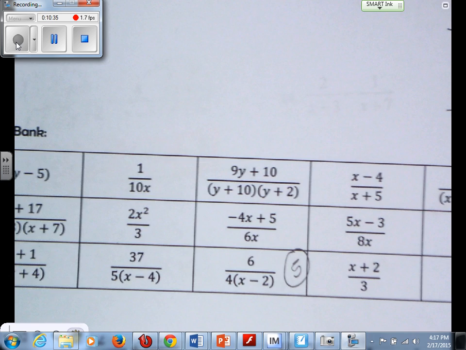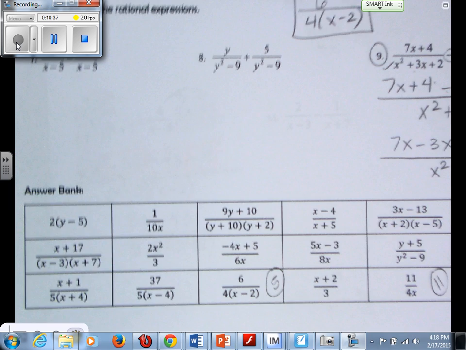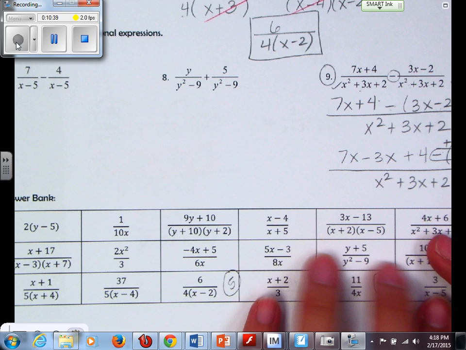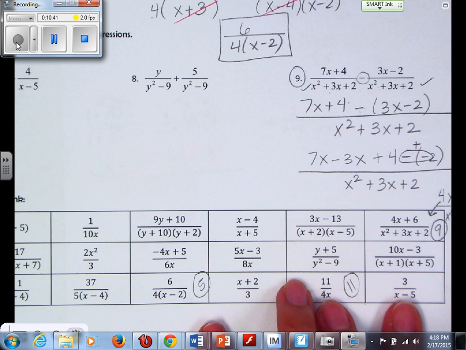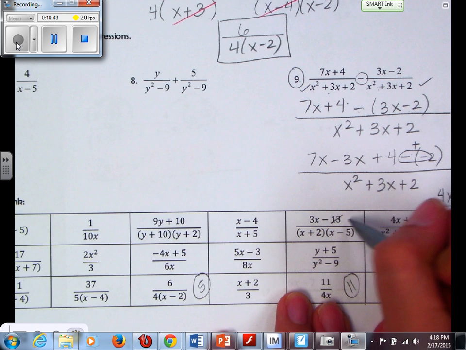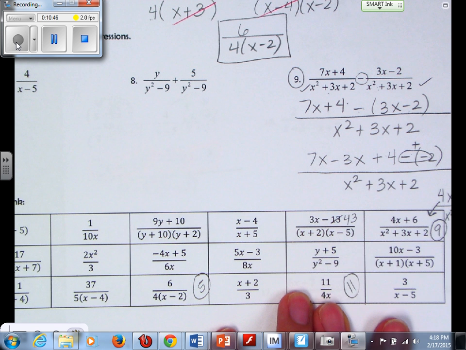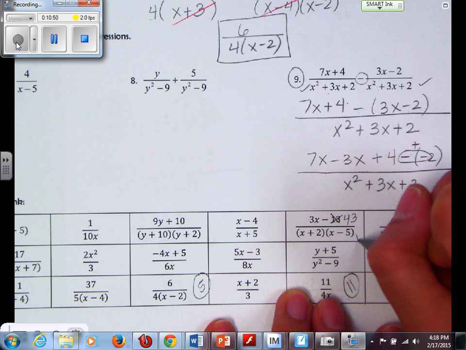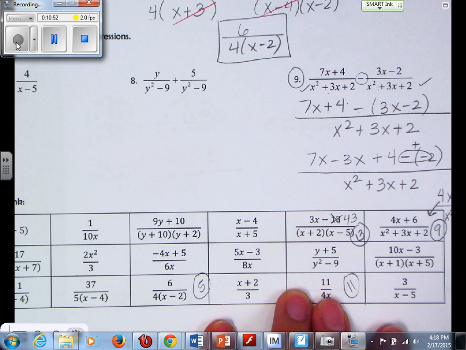So the closest one is at the top row, right next to number 9. This should actually read 3x minus 43. Once it reads 3x minus 43, then the correct answer is 13 for that problem.